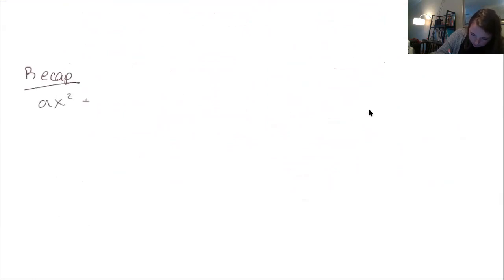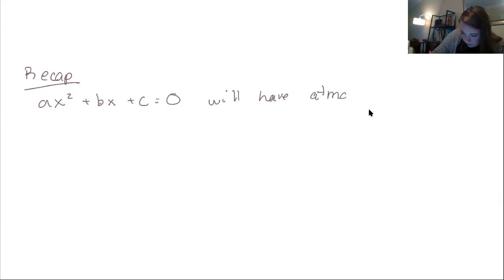So ax squared plus bx plus c equal to 0 will have at most 2 real solutions, right? Yay, that's great, guys. It will have at most 2 real solutions, right?